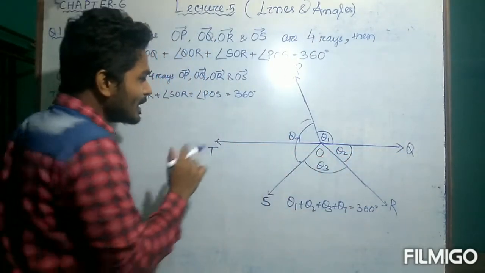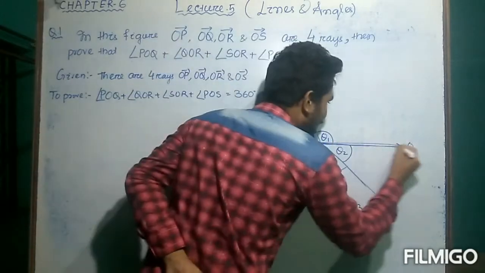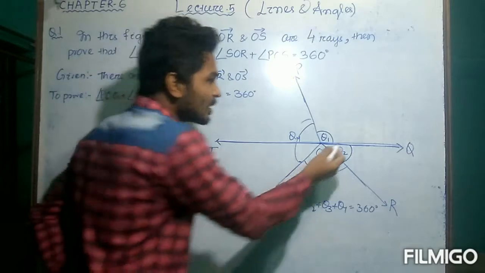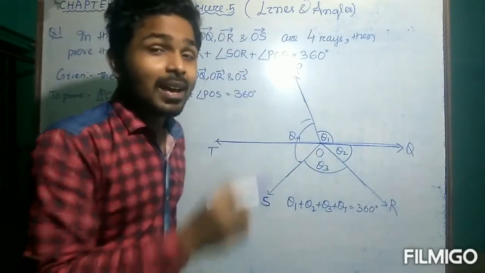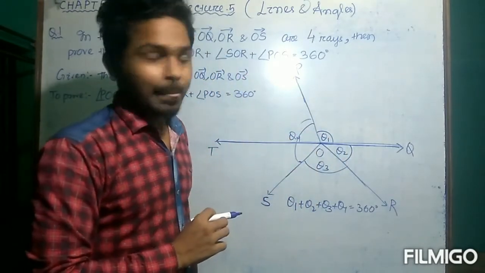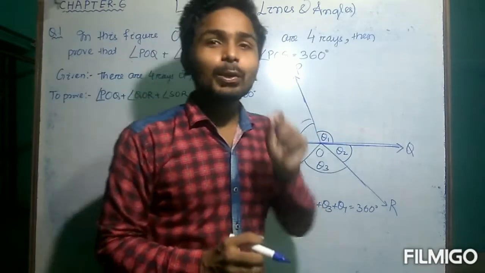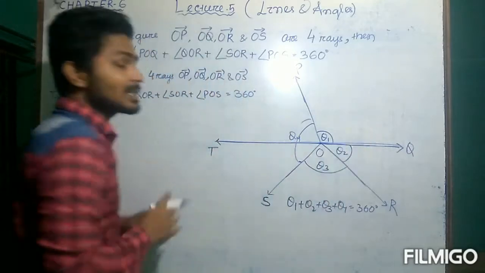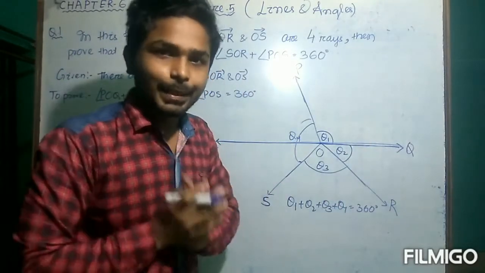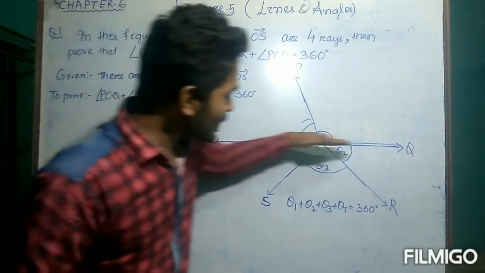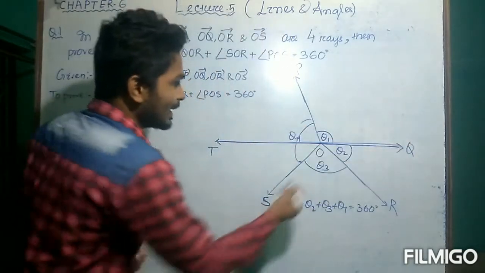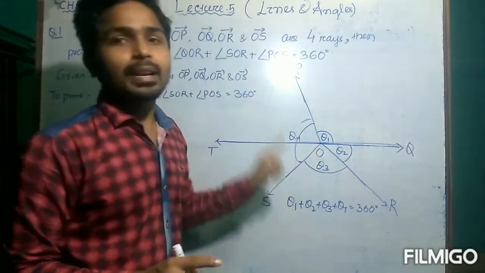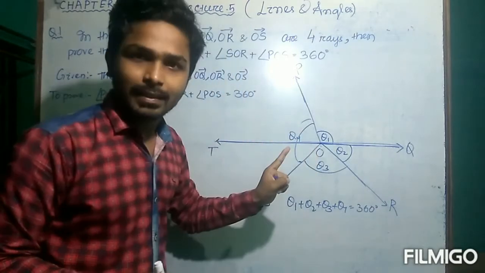Right? Next, what can we do? See, since TQ is a straight line and this OP is a ray which stands on it, the 2 angles formed are known as linear pair angles, and the sum of these 2 linear pair angles is equal to 180 degree. Right? So here we find this angle plus this angle is equal to 180 degree. Similarly, it is also a straight line, and on this straight line OS and OR are 2 rays which stand on the same straight line and emerge from the same point.